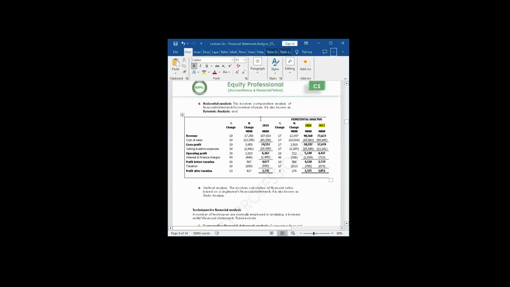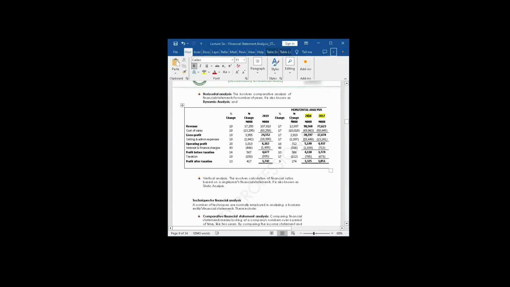So trend analysis is a form of horizontal analysis, and it helps us to show the trend over these years.